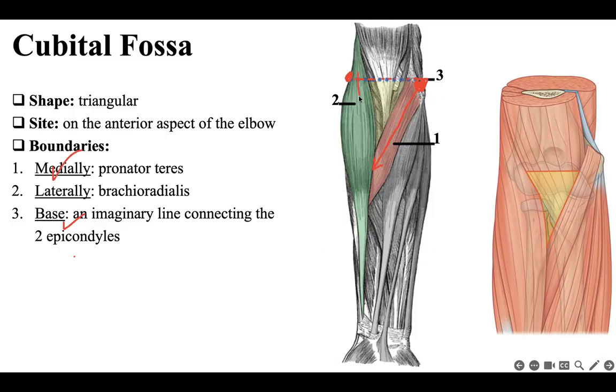And the third border of the triangle will be brachioradialis. Again, this is the shape of the triangle: the base, medial, between the two epicondyles, and this is the pronator teres, and this is the brachioradialis.